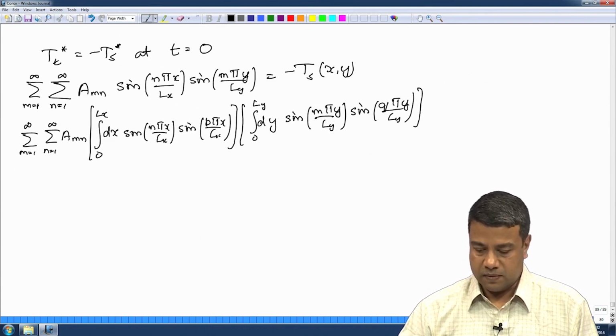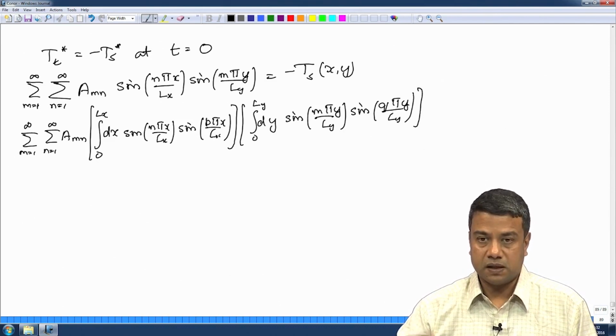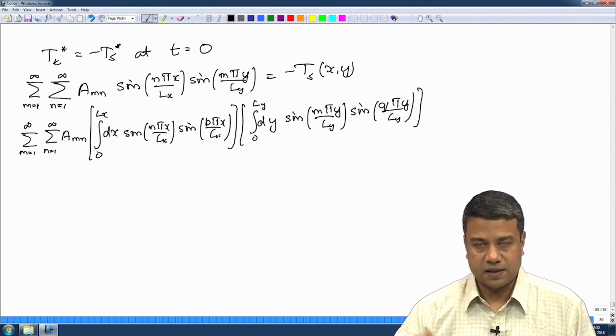Okay. So, multiplied by sin(p pi x by Lx) sin(q pi y by Ly), integrate over x and y. Therefore, I have to do the same thing on the right hand side.